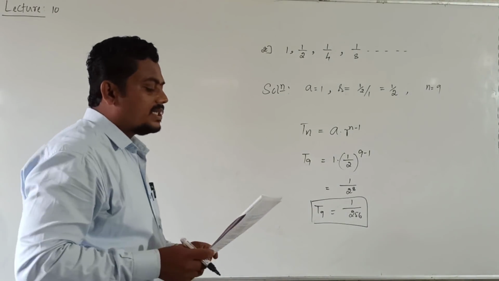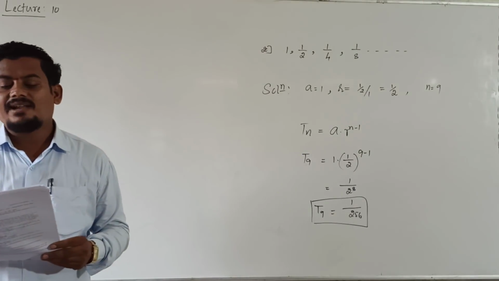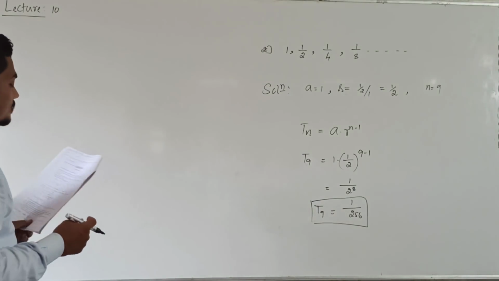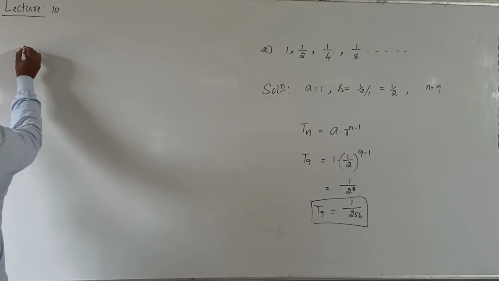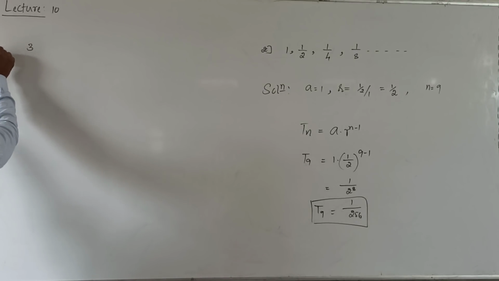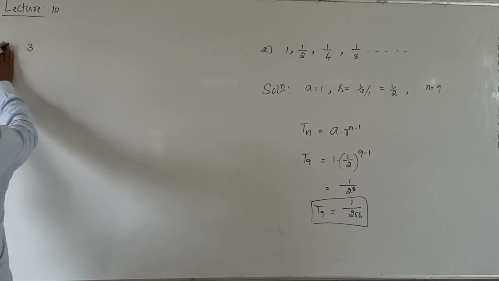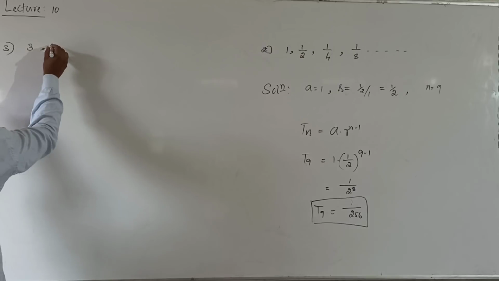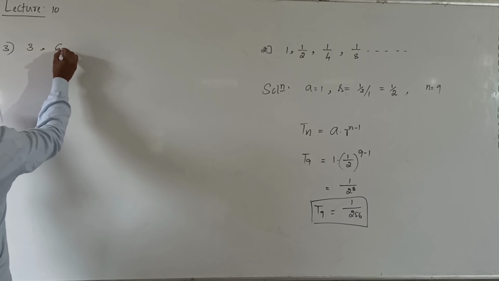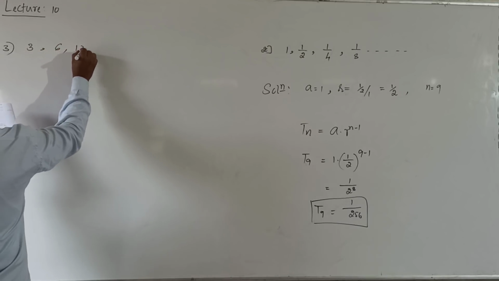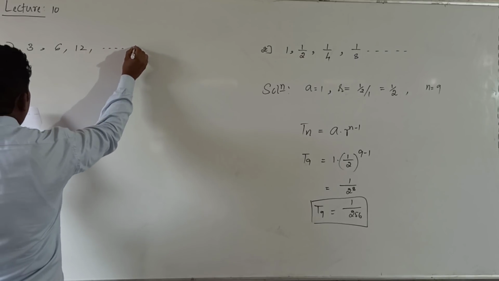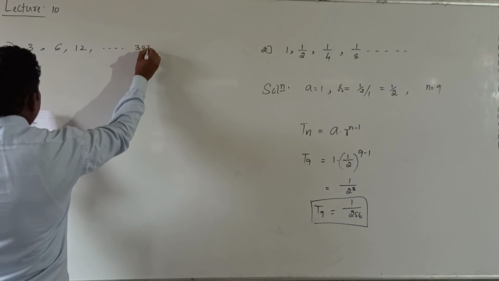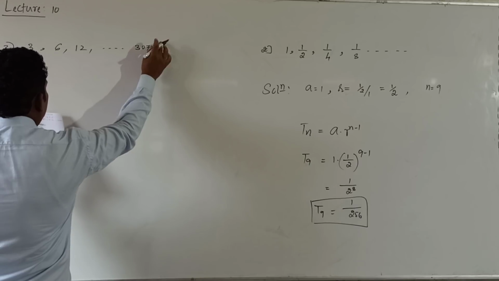Find the fourth term from the end of the GP 3, 6, 12 and so on, 3072.